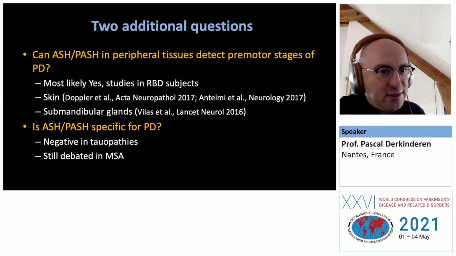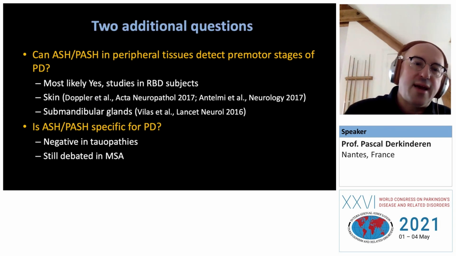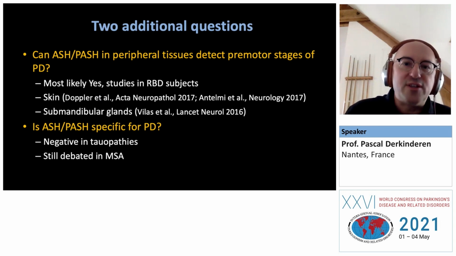Two additional questions. The first one: can phospho-alpha-synuclein in peripheral tissues detect premotor Parkinson's disease?